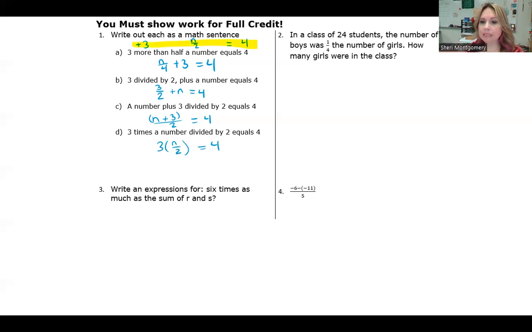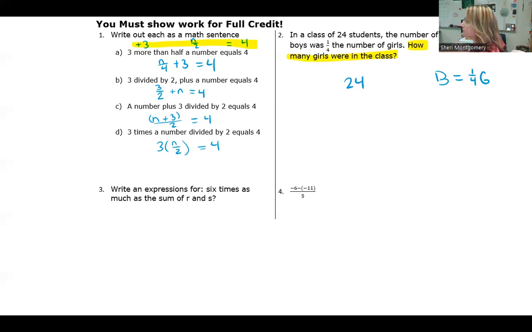Question number 2. It says, in a class of 24 students, the number of boys was 1/4 the number of girls. How many girls were in the class? So our question, how many girls? That's what we're trying to figure out. Well, we know that there are 24 students and the number of boys is 1/4 the number of girls.